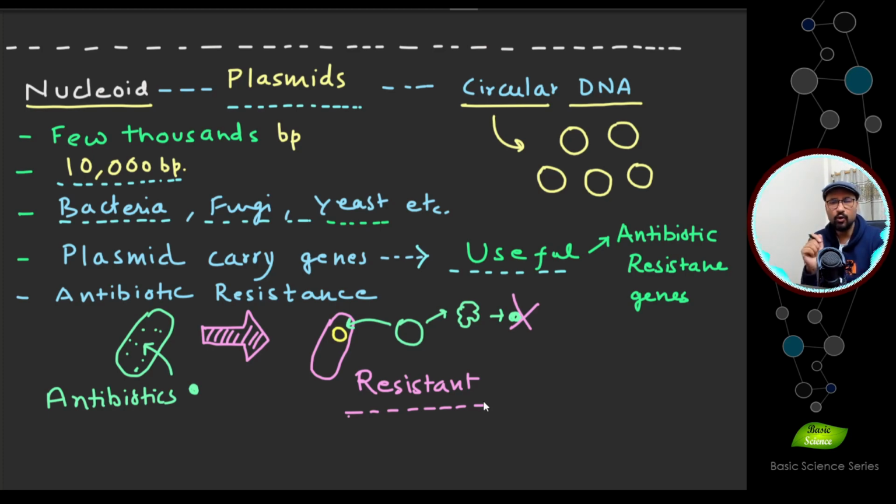I really hope it was helpful for you to understand some of the important things like bacteriophages, the number of base pairs in their DNA, what plasmids are, the roles of plasmids, and the overall function of the nucleoid of the bacteria. We also talked about some of the numbers and the significance of the plasmid.